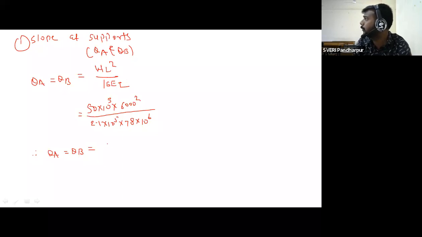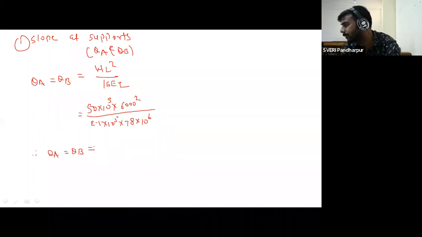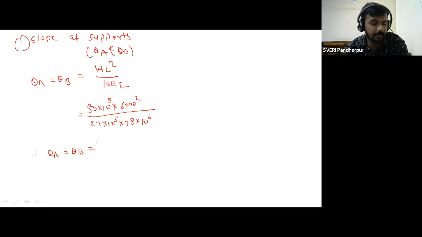Sometimes what happens? We are not making the square of 6,000. WL square upon 16 EI. First of all, tell me the answer in radian. 6.86 into 10 raised to minus 3.